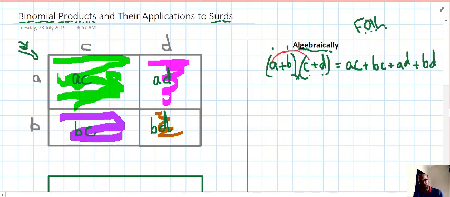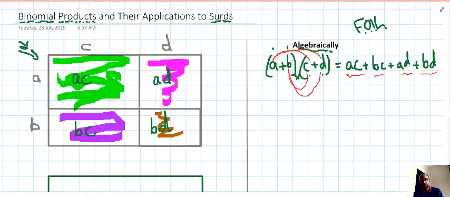First by the first, first by the second, second multiplied by the first, and the second multiplied by the second, and each of those results get added up, and that will give us the same. So first by first will give us AC, first by second will give us AD, second by first will give us BC, and lastly BD. So that gives us the same result, and we're going to use that with surds.